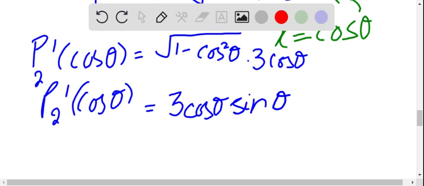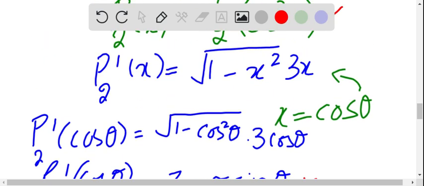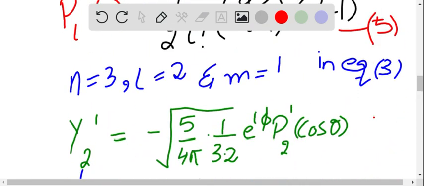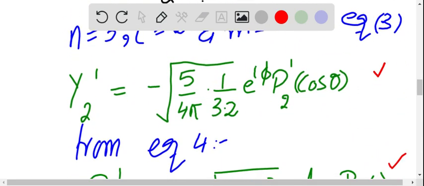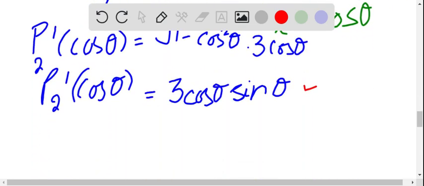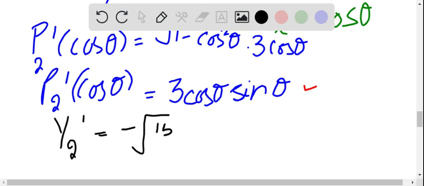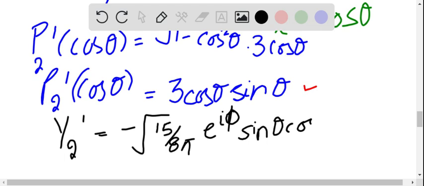So then we would plug this value back over here, right? So we would have y sub 2 1 is equal to negative 15 by 8 pi, exponential i phi, sine theta cos theta, right?